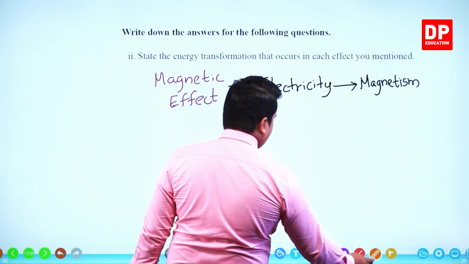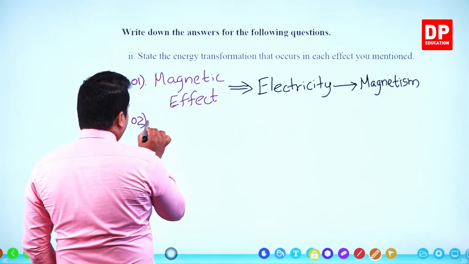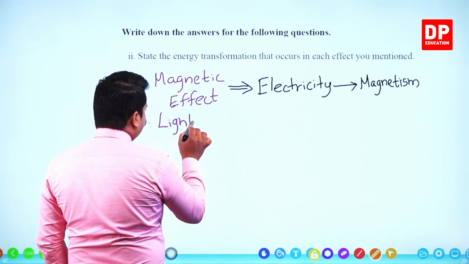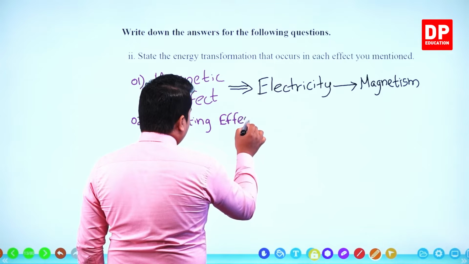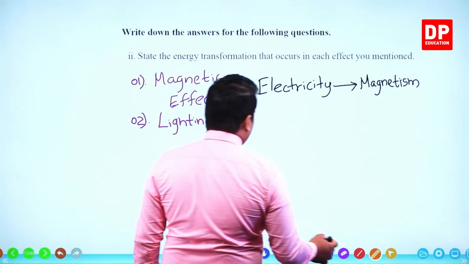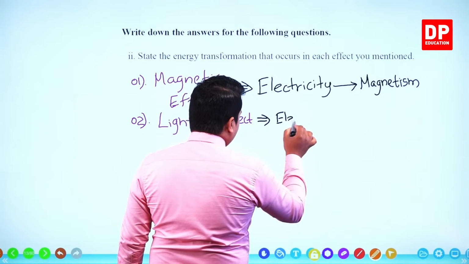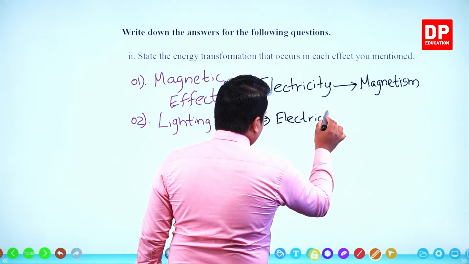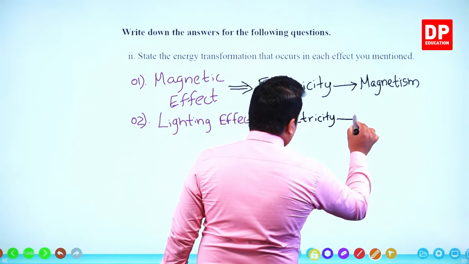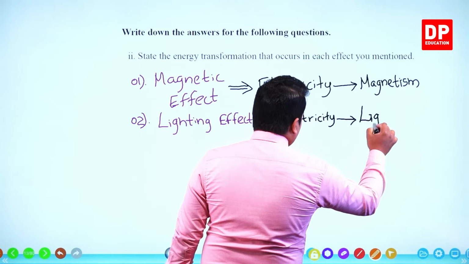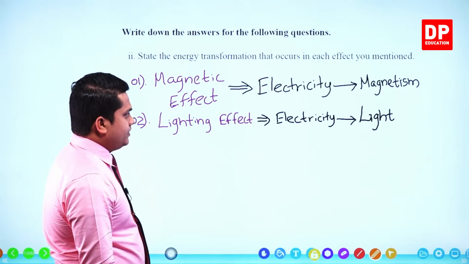Next one, number 2, lighting effect. In lighting effect, electricity is getting converted to light.